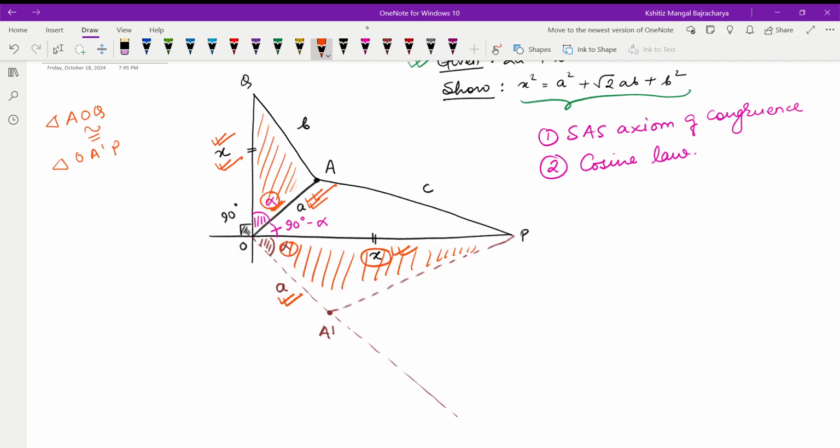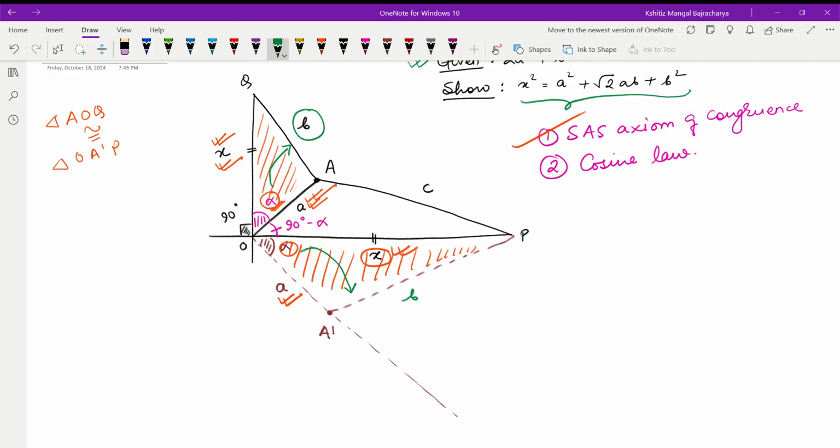So by the SAS axiom of congruence, these two triangles are congruent. Since corresponding sides of congruent triangles are equal, the side opposite to angle alpha should also be equal. Since the side opposite to alpha is b, the side PA dash is also b.